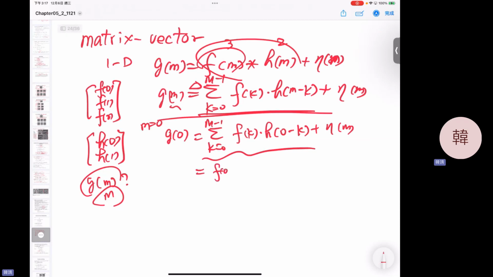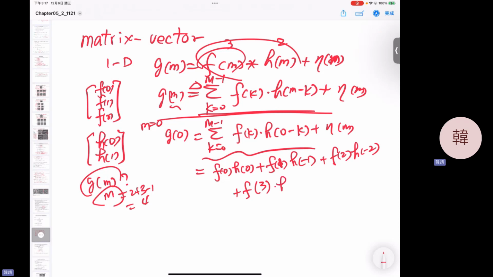It becomes F0 H0, plus F1 with H minus 1, plus F2 with H minus 2, and plus F3, because it's 2 plus 3 minus 1, so there should be 4 components, with H minus 3, plus eta 0.